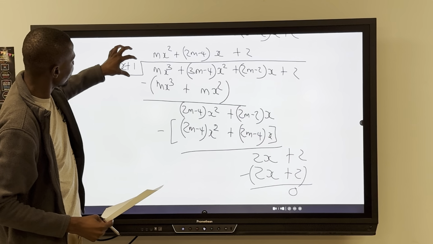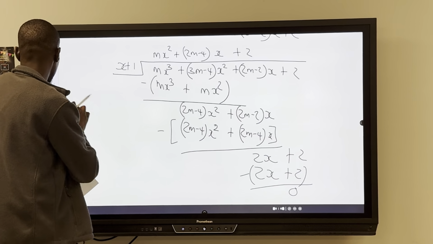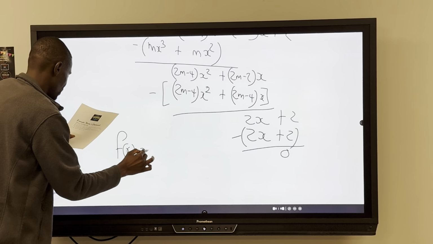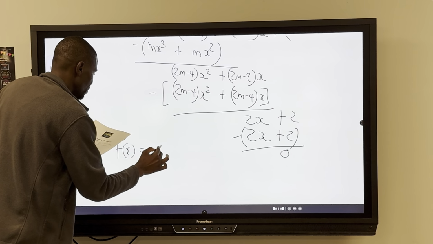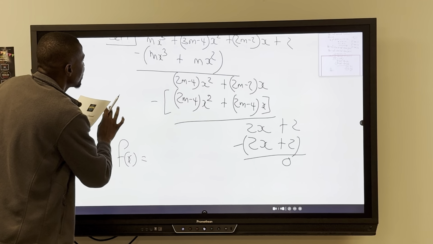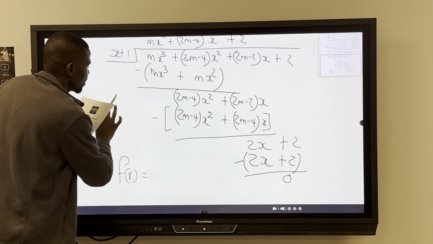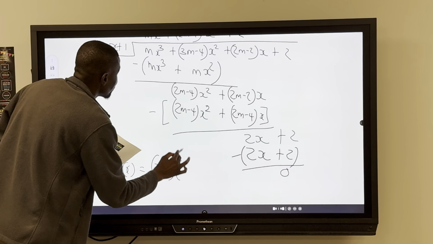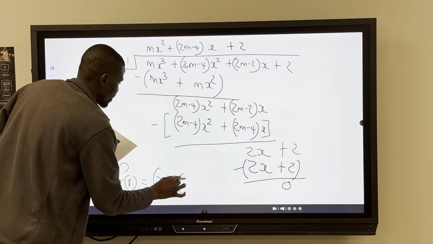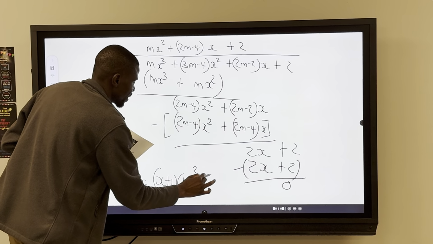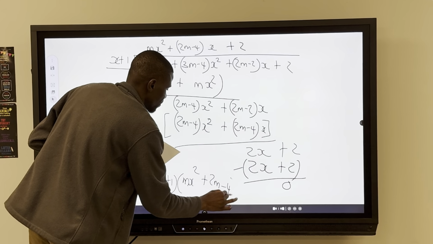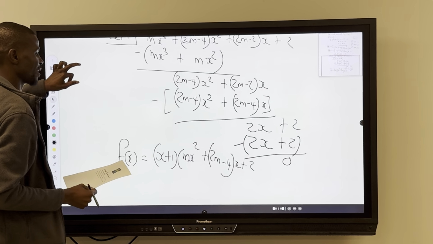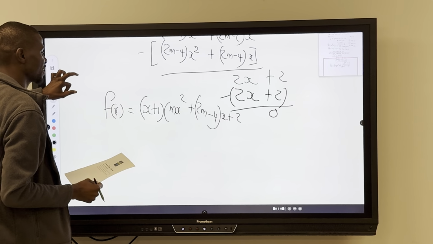So allow me to rewrite it as f of x is now equal to quotient times divisor plus the remainder. So quotient here is going to be, let me just write it as x plus 1 times mx squared plus (2m minus 4)x plus 2, plus the remainder here, right?